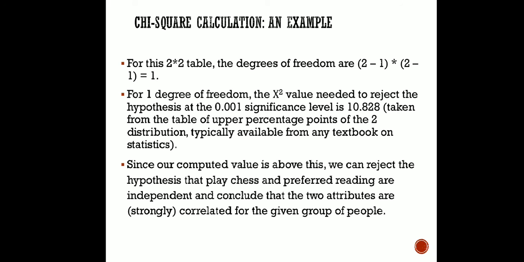Our computed value is above this, so we can reject the hypothesis that play chess and preferred reading are independent. We can conclude that the two attributes are strongly correlated for the given group of people. That means the correlation is very high.